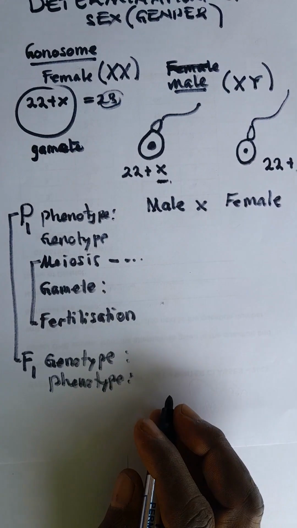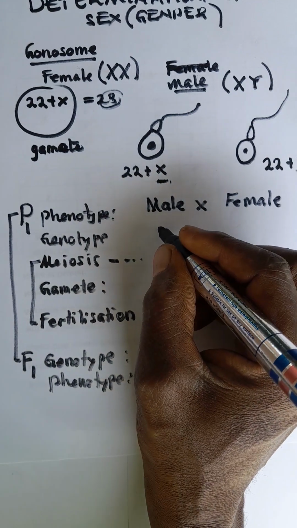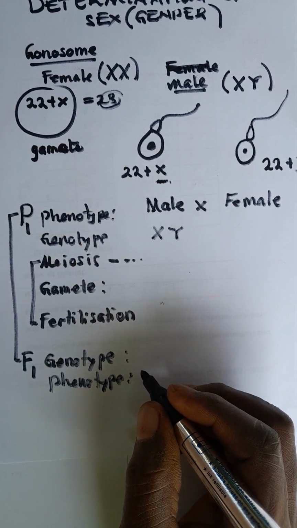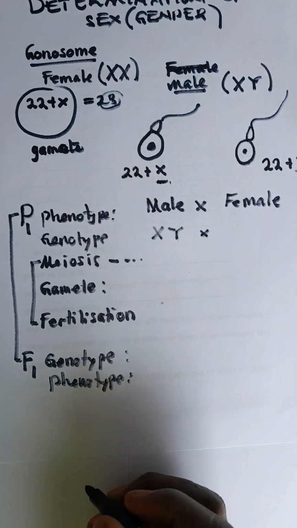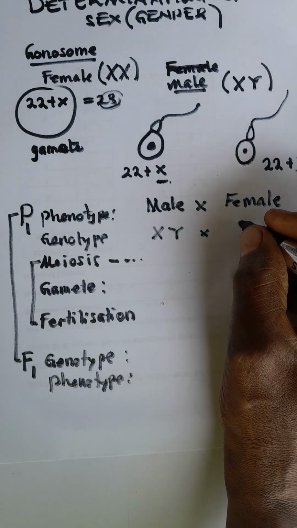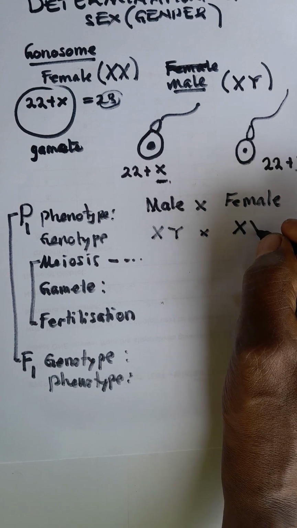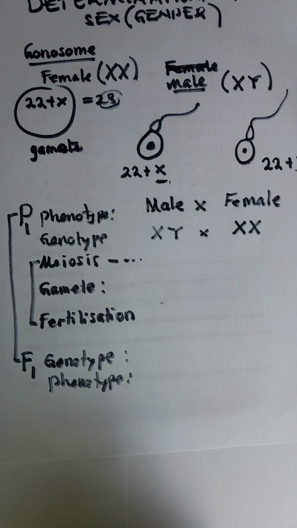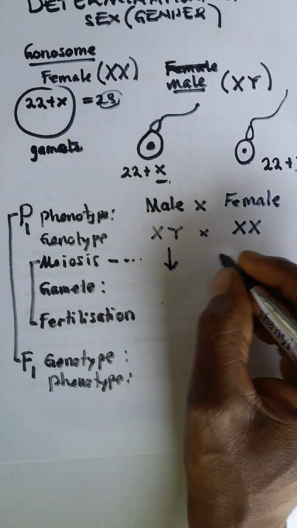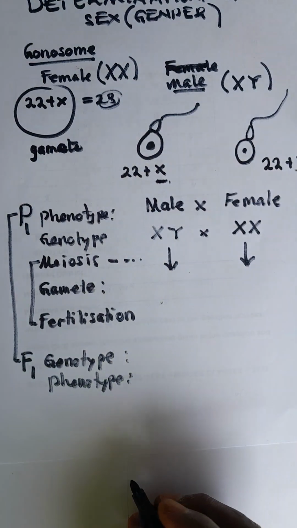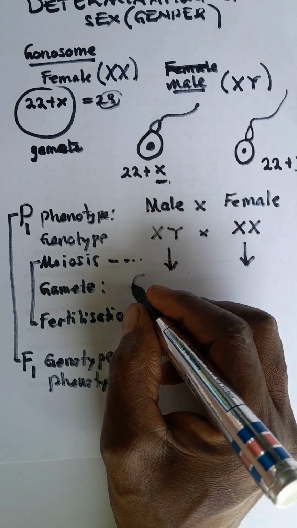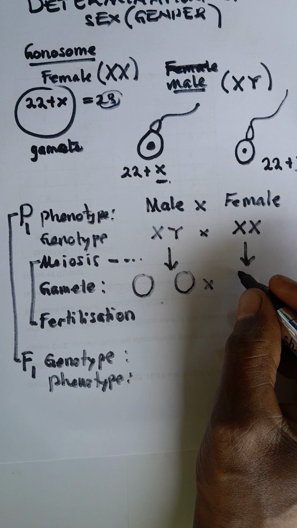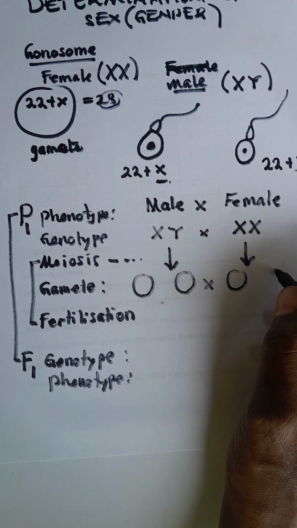The genotype of the father is XY, like I indicated. So they cross with the female. The female always represents the XX chromosome, right? So when meiosis occurs in these two individuals, how many gametes are they going to give us? They are going to be 4 gametes.